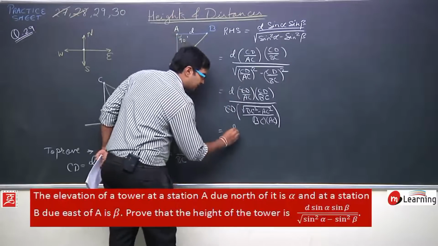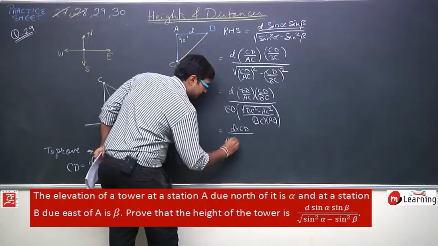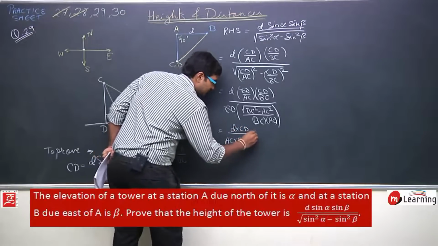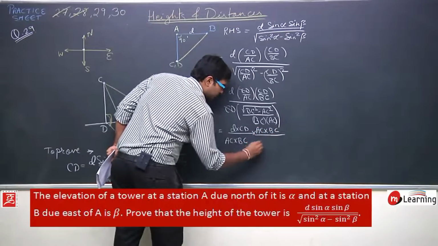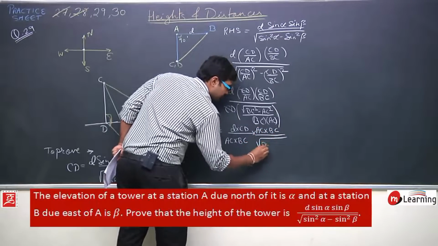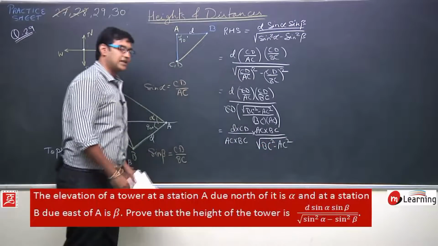I will be left with D into CD upon AC into BC into AC into BC upon square root of BC square minus AC square. This is what I will get.